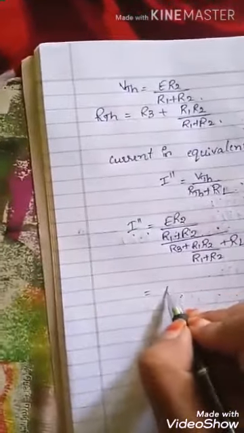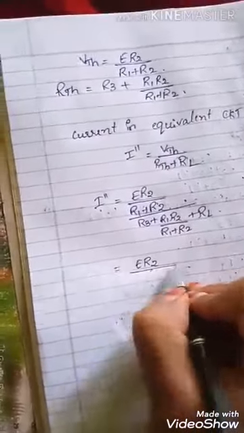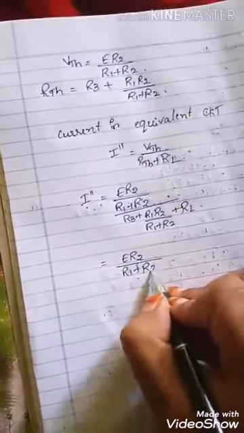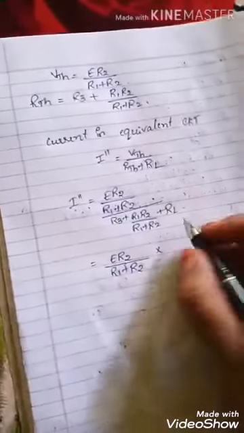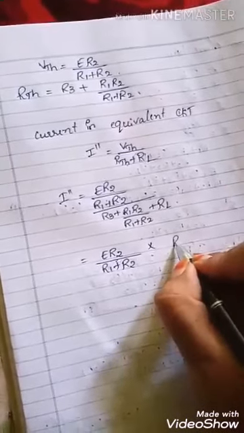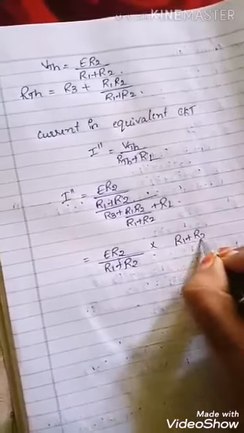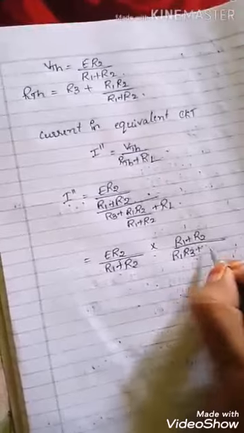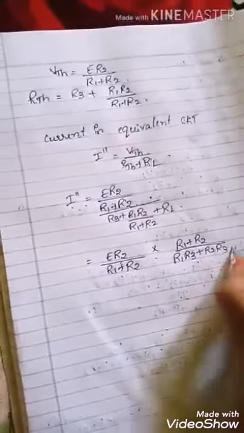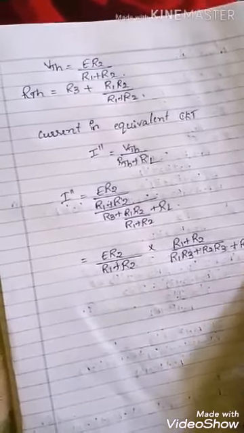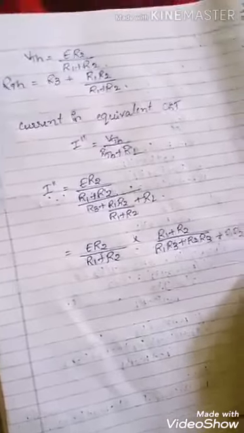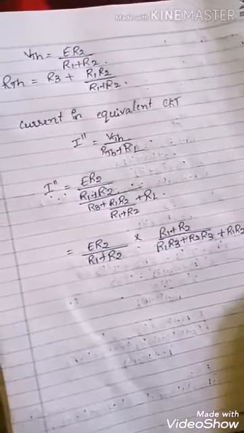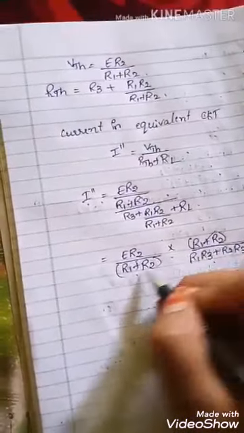Now after simplification, E R2 divided by R1 plus R2 into, we'll take this denominator to the numerator. It becomes R1 plus R2 LCM. We'll take the LCM. So it becomes R1 R3 plus R2 R3 plus R1 R2 plus R1 RL plus R2 RL. So R1 R2 will get cancelled.